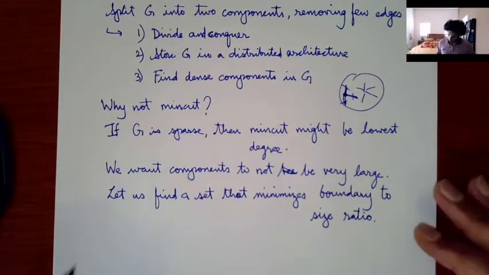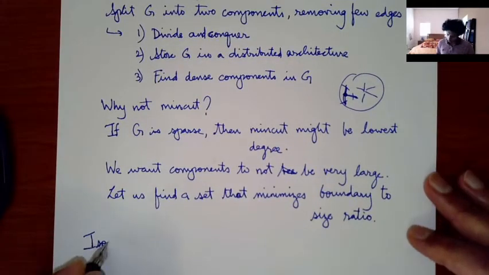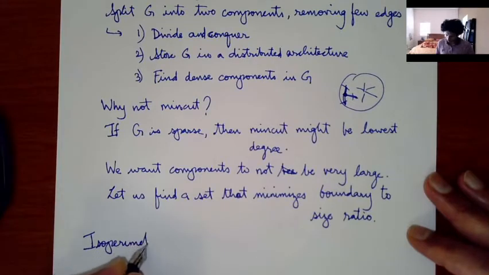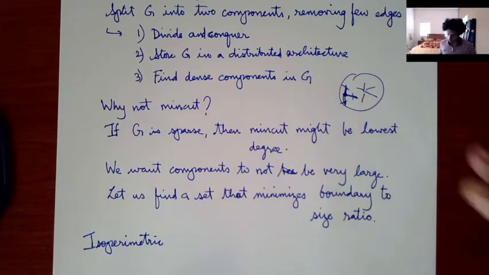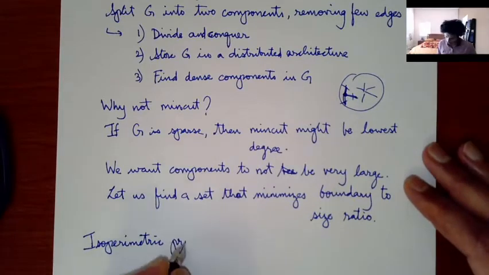And so when we start formalizing this, this is actually referred to, coming from classic Greek geometry, as what is known as the isoperimetric problem.